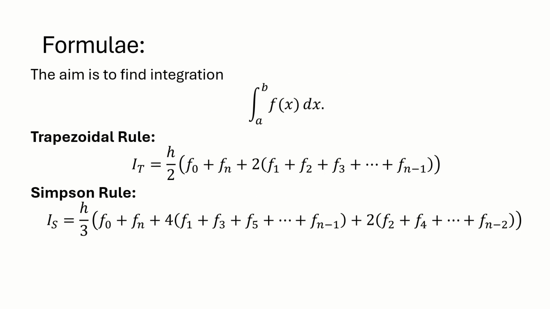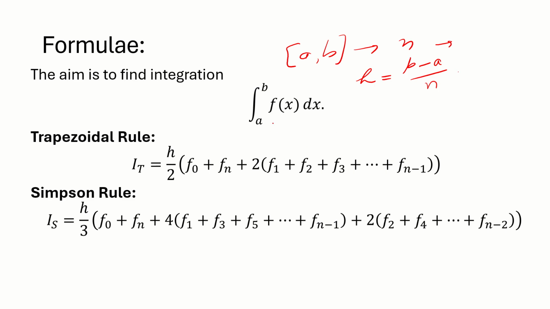So the aim of this video is how do we find this integral from a to b f of x dx. Initially, we divide the given interval a b into n subintervals by finding h, where h is the interval length or width that can be found as upper limit minus lower limit divided by the number of intervals.